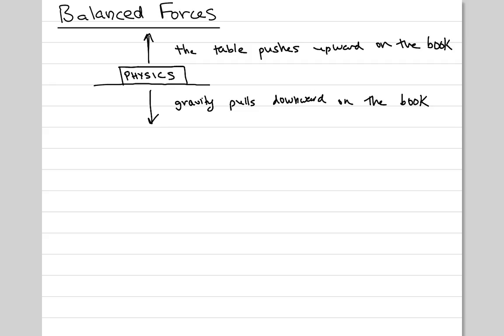That's all we're doing. Okay, so how does the table know to push back the exact amount of the book? Well, it doesn't. So like, if I push down on the book, is it accelerating? Is the book moving? But the upward force has to match my downward force. What if I put an elephant on this table? Table might break, right?